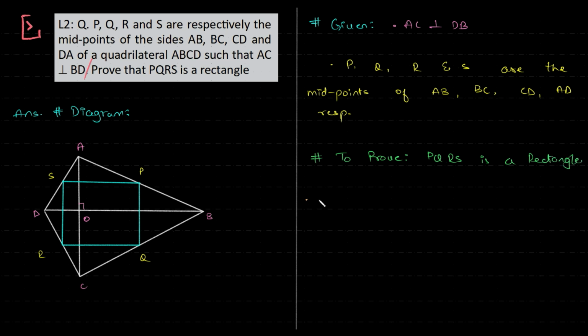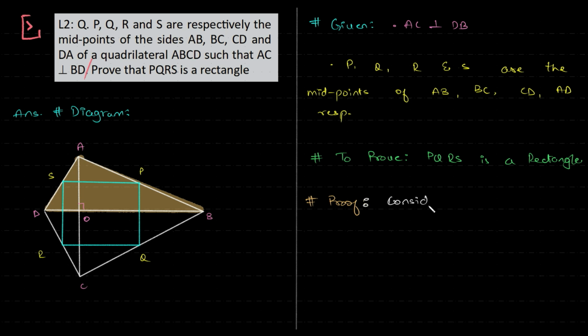So for that we'll start off with a triangle, and what should we make use of? Yes, we can make use of the midpoint theorem. So we are looking at the proof. Consider triangle ADB.